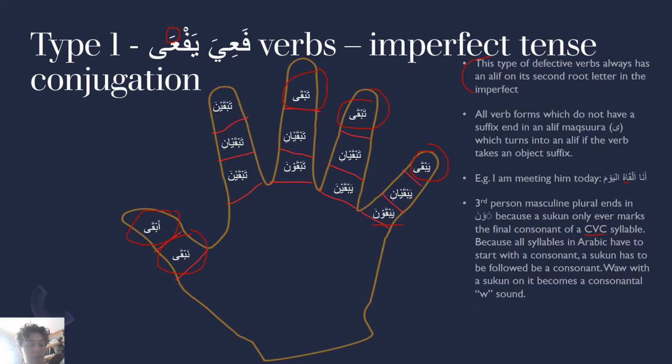Because all syllables in Arabic have to start with a consonant, a sukoon has to be followed by a consonant. So the waw with a sukoon on it becomes a consonantal w sound, which is why you need yabkauna. Now, for the same reason, the second person feminine singular ending, this one, is shortened to tabkaina.